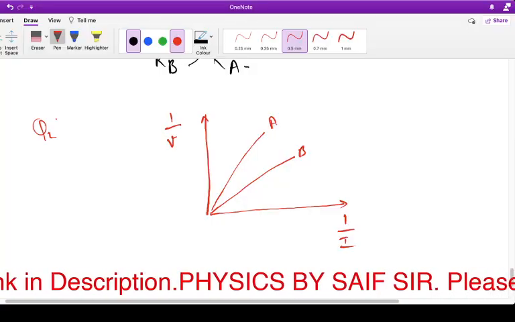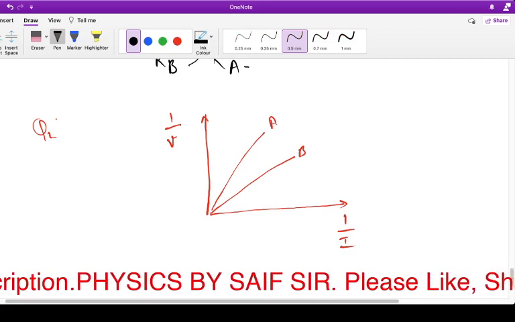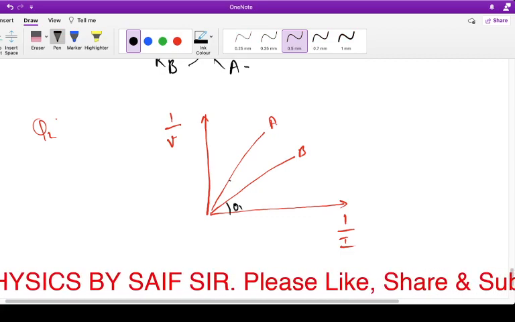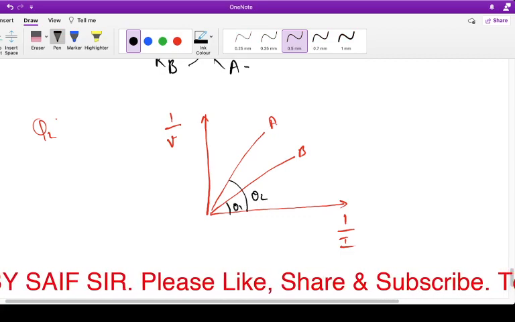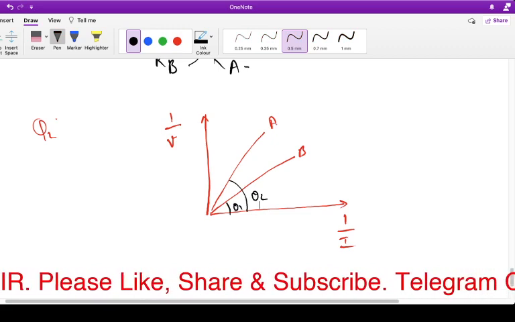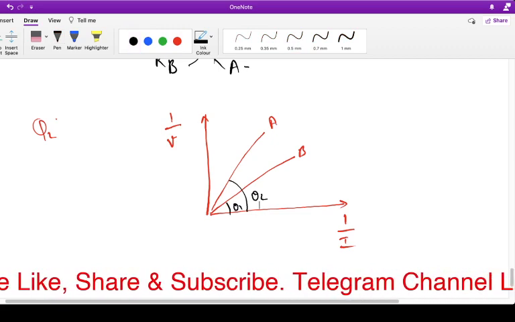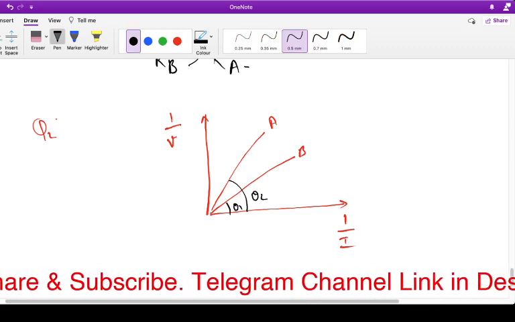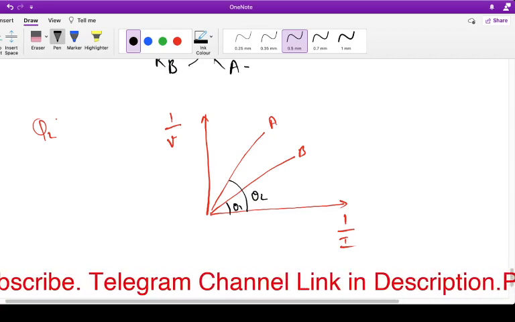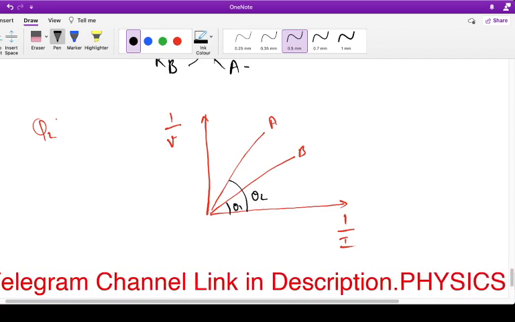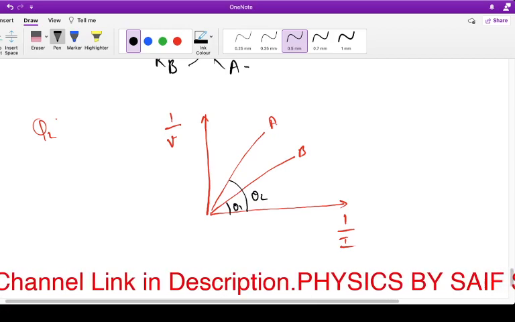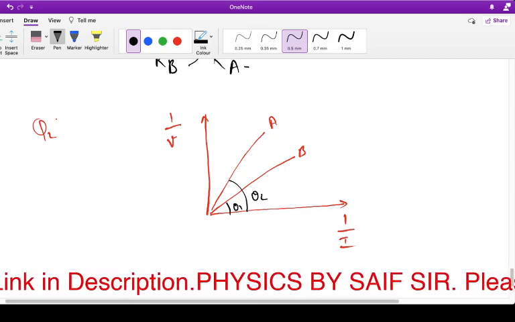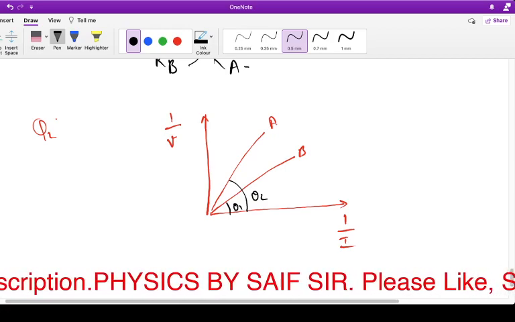Again you draw the angles, theta 1 and theta 2. From the previous question we can say that the slope of A is greater than the slope of B.